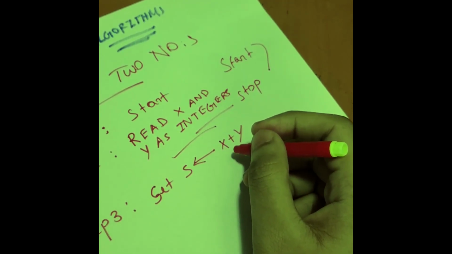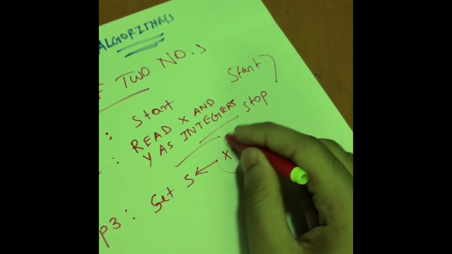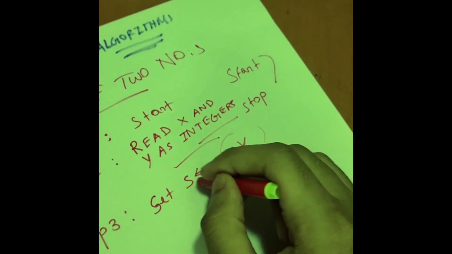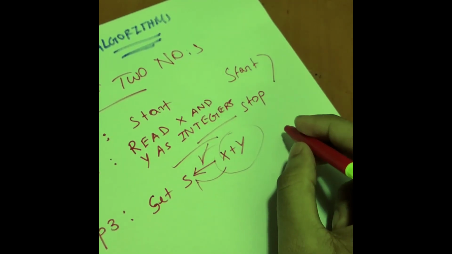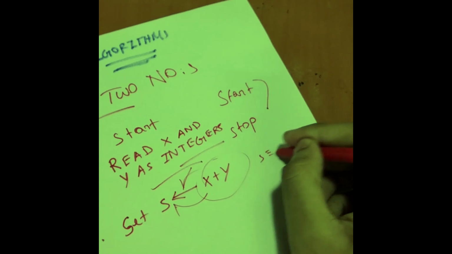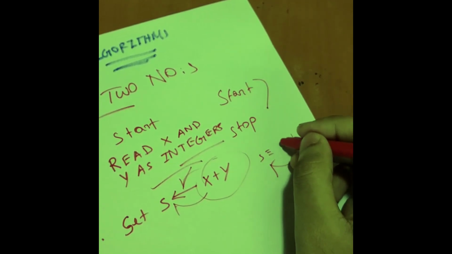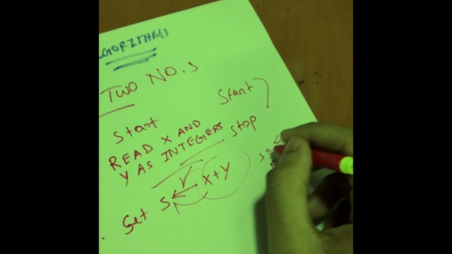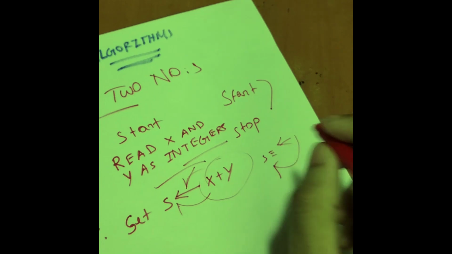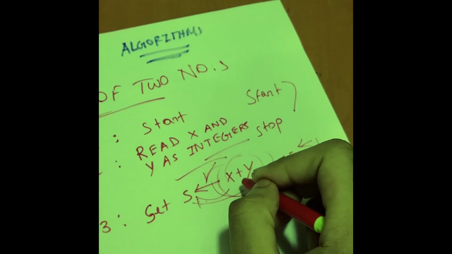So now, in case of algorithms, this value is put inside s by using this arrow sign. Here we don't write equals to. If I want to put any value into any variable, we have to use this arrow sign. So x plus y is obviously put inside this s.